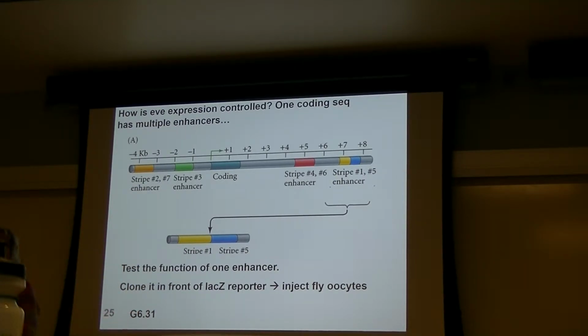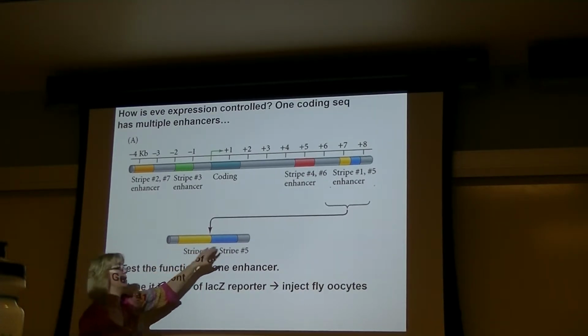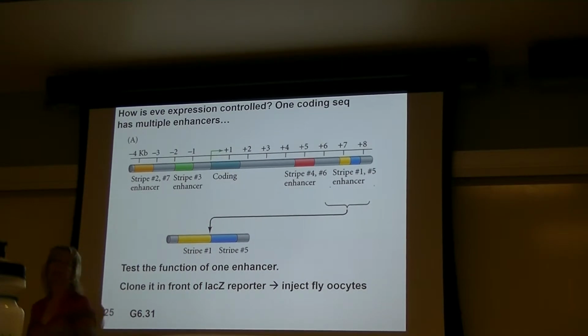And based on that, you would really predict that now you're going to see GFP expressed in stripes, but because we've only added the stripe 1 and stripe 5 enhancers, we should see GFP expressed in the same territory as stripe number 1 and stripe number 5. Because this is what you need to produce expression for the gene in that particular set of cells.